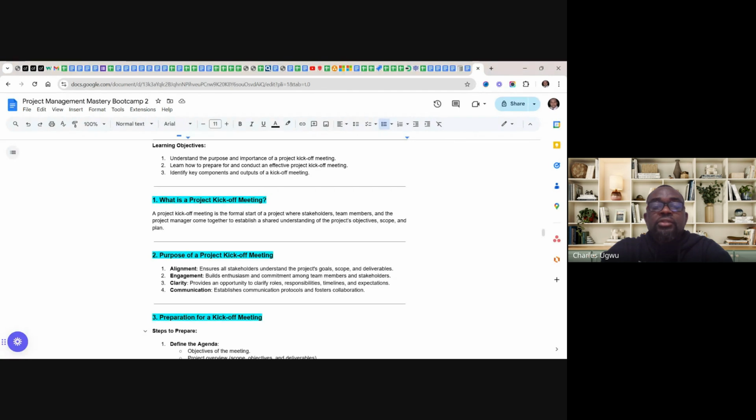Second, build enthusiasm and commitment among team members and stakeholders. And three, clarity: provide an opportunity to clarify roles, responsibilities, timeline, and expectations, and establish communication protocols and foster collaboration. Okay, that is the purpose.